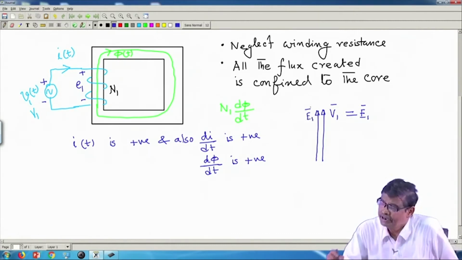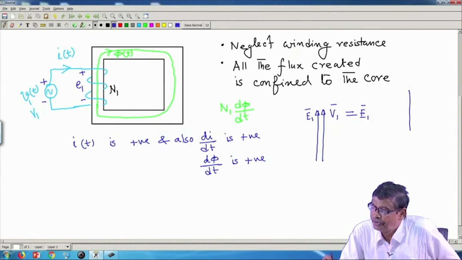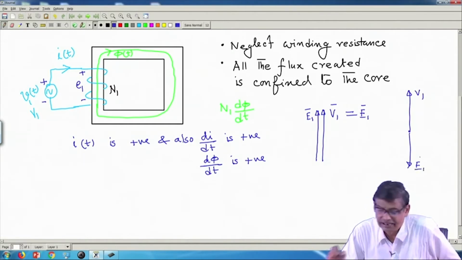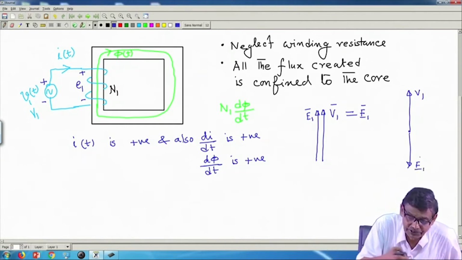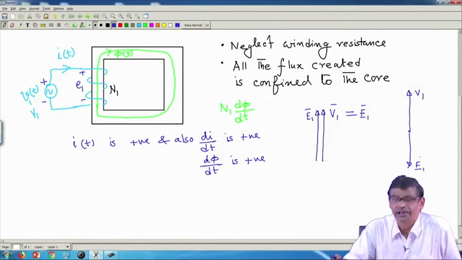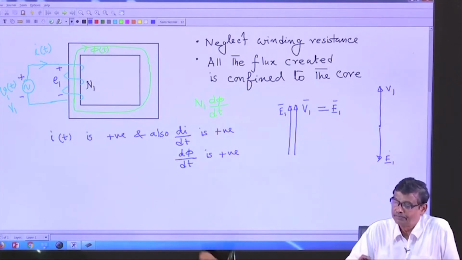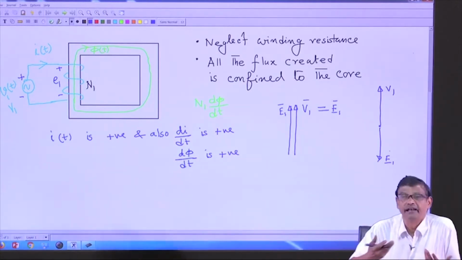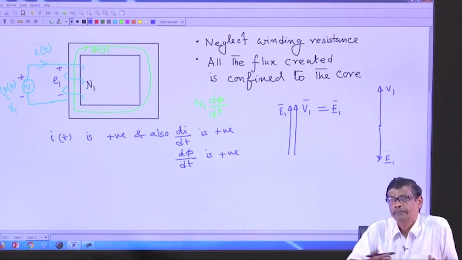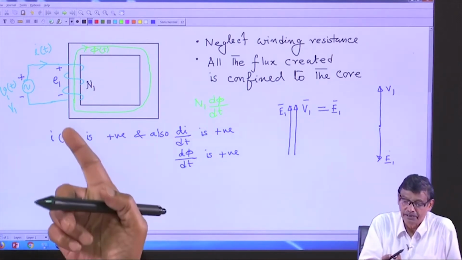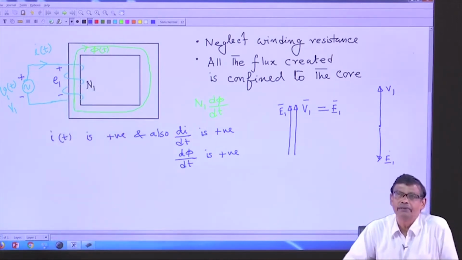In many of the books, they will show V1 like this and E1 in opposition to indicate that E1 acts in opposition with V1, but I will not do that, because I know a time phasor means, with respect to time, how V1 is changing and how E1 is changing. When V1 is maximum, E1 too will be maximum, and so on.